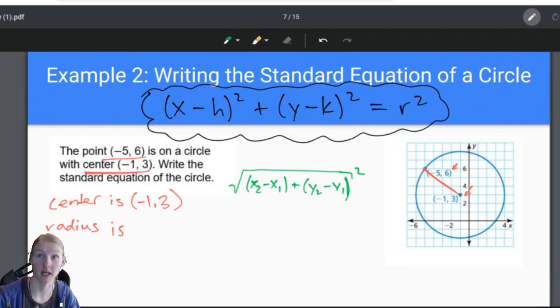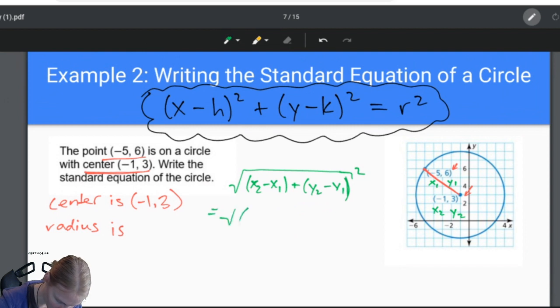But wow, okay. So let's do that, and remember this is x1, y1, x2, y2. So this is negative 1 minus negative 5 plus 3 minus 6 square root squared.